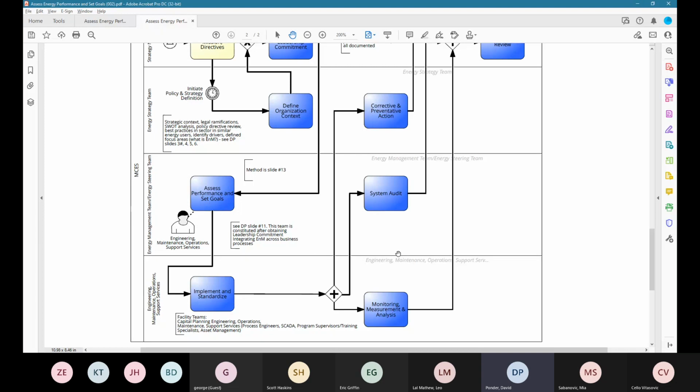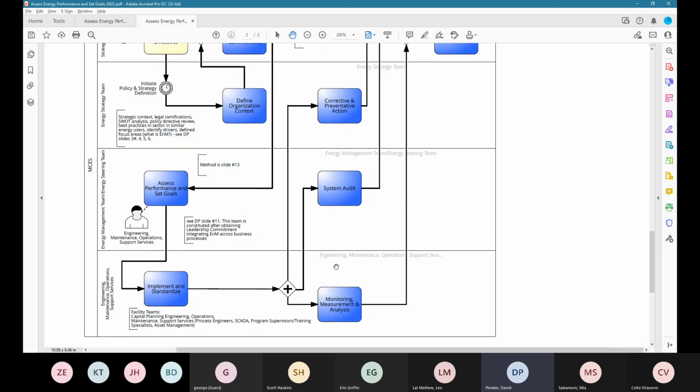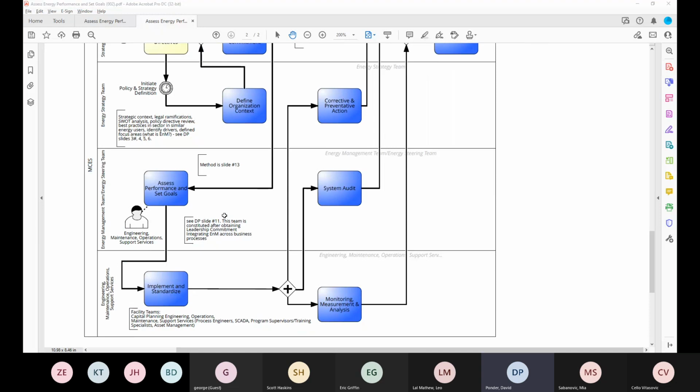And then, turning back to the rest of this, the rest really then is carrying it out, right? We started to talk a little bit about monitoring and measuring and implementation and standardizing in here, right?